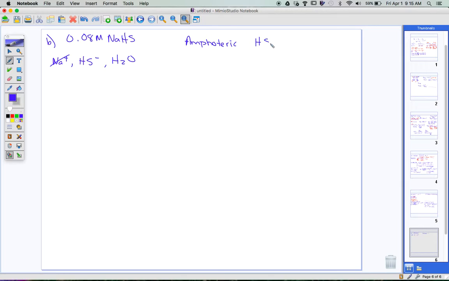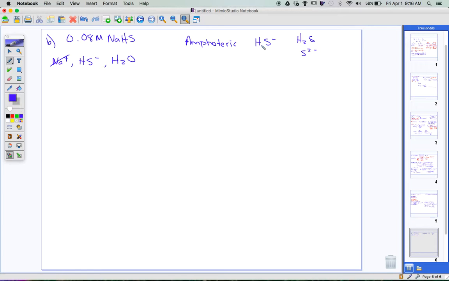And that's because it can gain an H plus and become H2S, or it can lose an H plus and become S2 minus. So it can either function as an acid or a base. So we are going to have to decide which way it's going to go, and that's going to be based on the Ka of one and the Kb of the other.